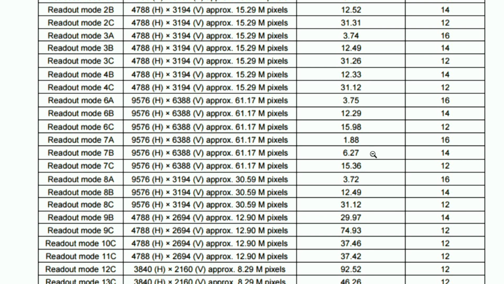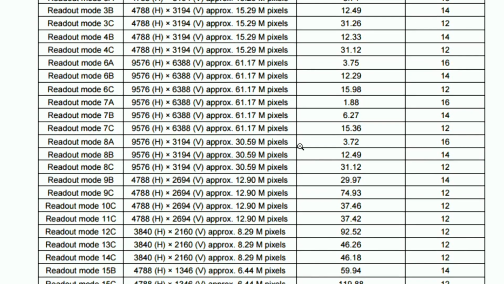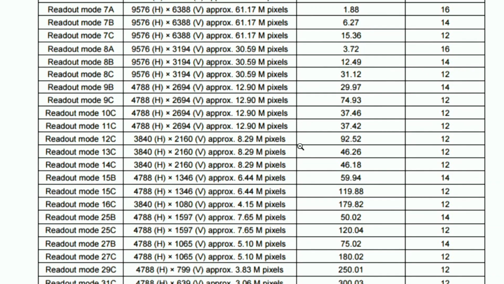But the one below it, 7B, is already much more interesting. You see the same resolution, 61.17 megapixels of the A7R3, but at 6 frames a second at 14 bits. So clearly this sensor can be used as a high pixel count sensor, the same with high bit rates.